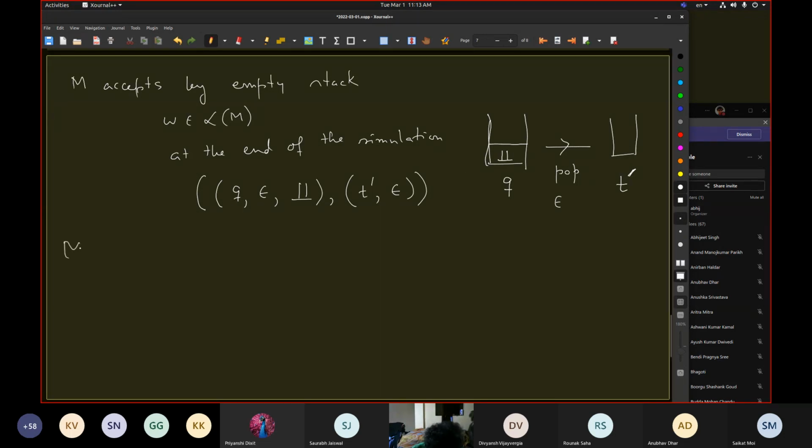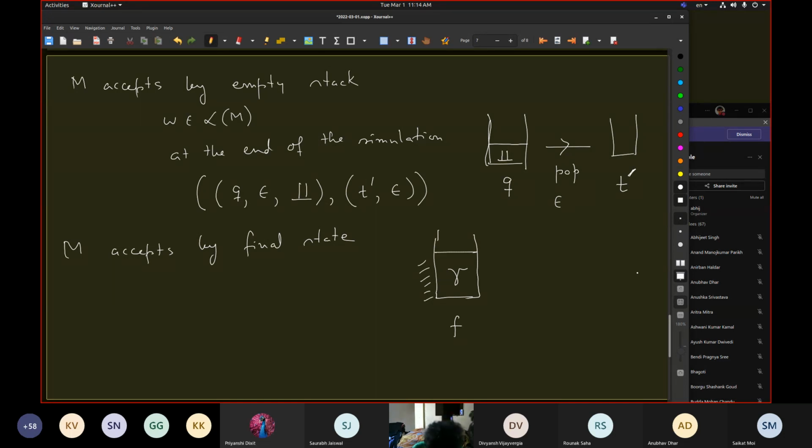But even if M accepts by final state, what does it mean? F is a final state. The stack may contain something, some gamma. This is not a single symbol, many symbols perhaps. Gamma may even be empty?